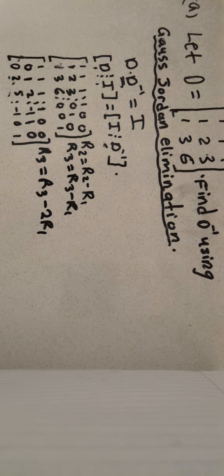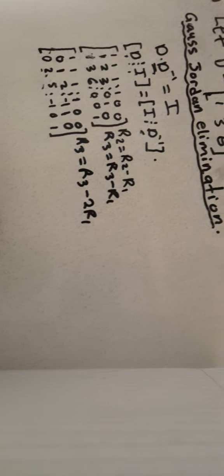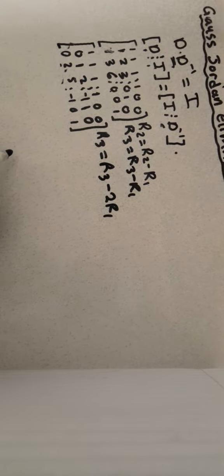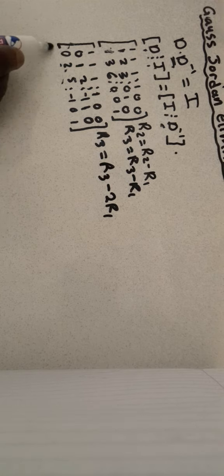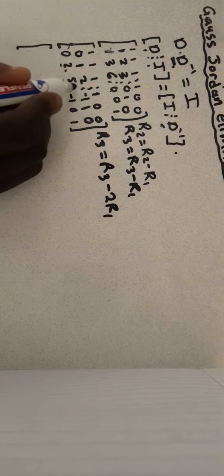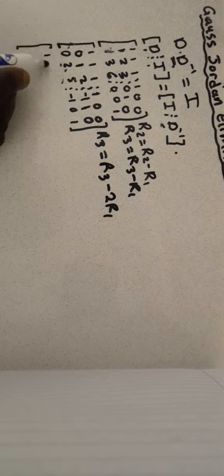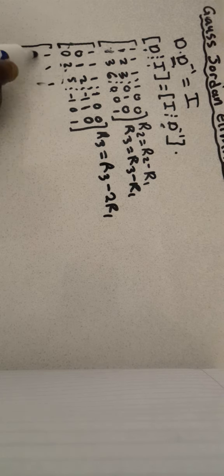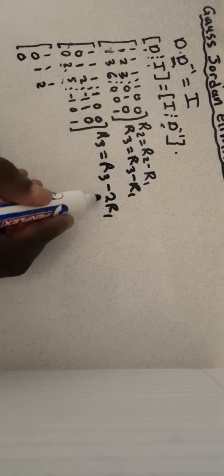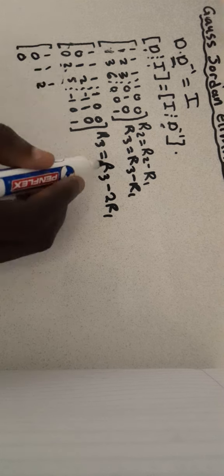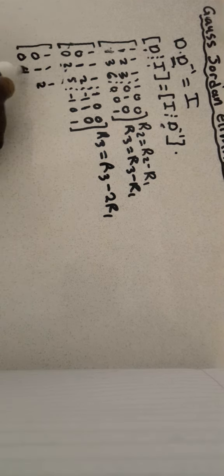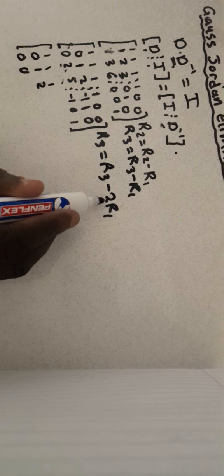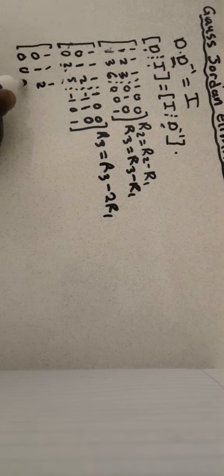So this will become 1 1 1, 0 1 2. Then 0 minus 0 is 0, 2 minus 2 times 1 is 0, and 5 minus 2 times 2 is 5 minus 4, which is 1.